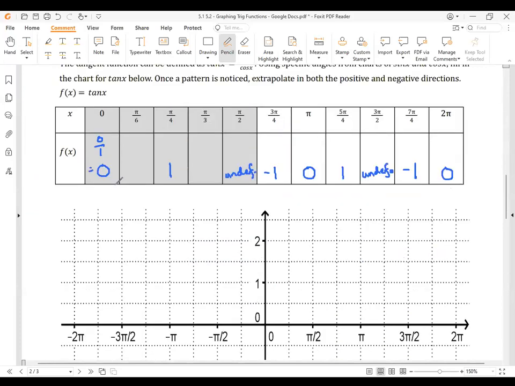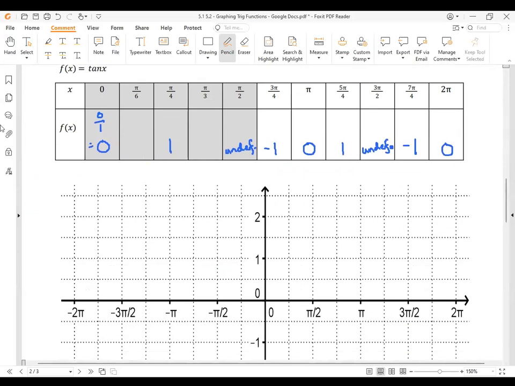Okay. So you could fill this in, but I'm actually going to draw these points that we've identified every 45 degrees because you might see something interesting. At 0, I have 0. At pi over 4, I have 1. At pi over 2, it's an asymptote.